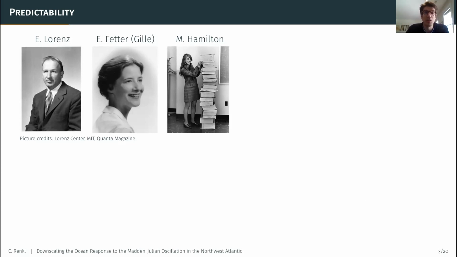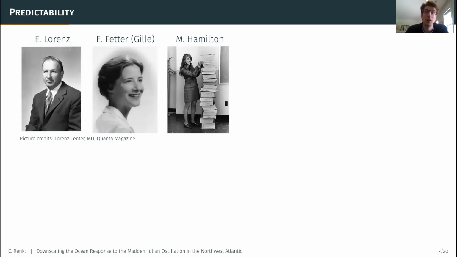So these three pioneers toyed around with a numerical weather model that was boiled down to 12 variables. And one day they decided to pick up on an older run and extend that into the future. What they had done is they had written out the computer results down to the third decimal.